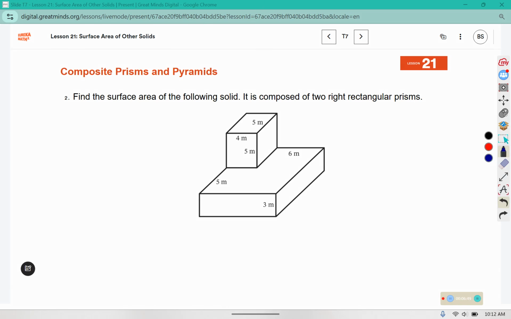Find the surface area of the following solid. It is composed of 2 right rectangular prisms. So we have different perspectives, the top view, the bottom view, left and right sides, and then the front and the back.